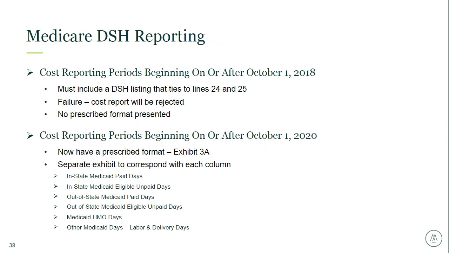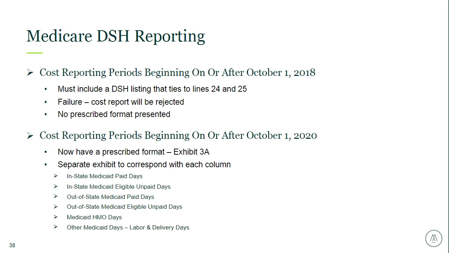Let's first look at the changes in Medicare DSH from the proposed instructions. For background, currently for cost report periods beginning on or after 10/1/2018, a patient detail listing that ties to the cost report amounts must be submitted with your cost report, or you risk cost report rejection. Right now there is no template for what needs to be submitted, only the prerequisite that it ties to your cost report amount.